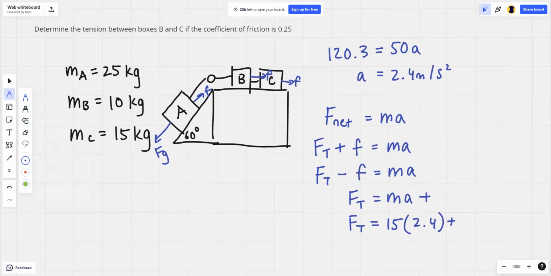Friction, if it's on a flat surface, is mu mg, since the normal force is equivalent to mg. And mu in this case is 0.25. M again, 15, and g is 9.8. So let's see what we get.